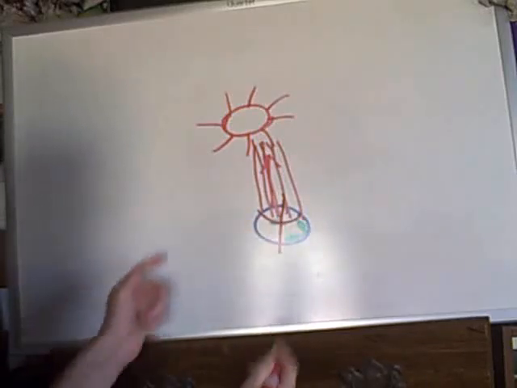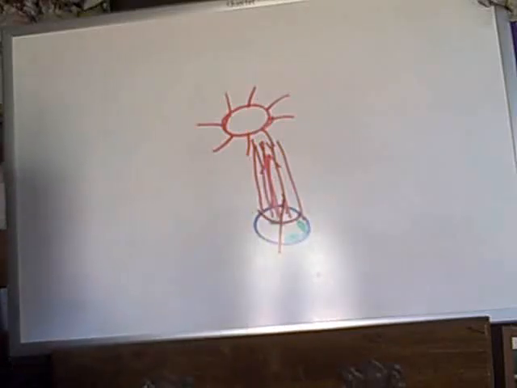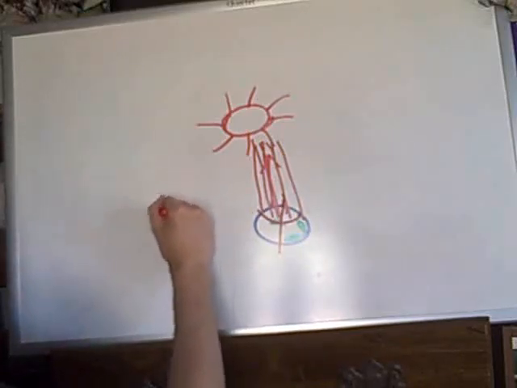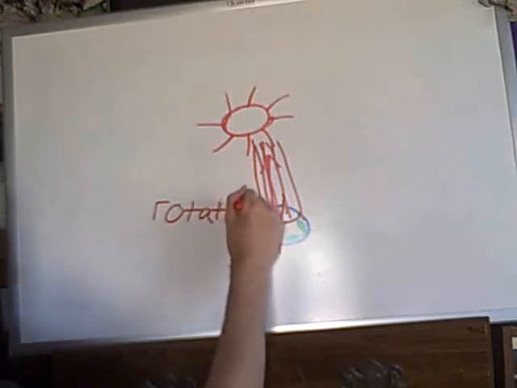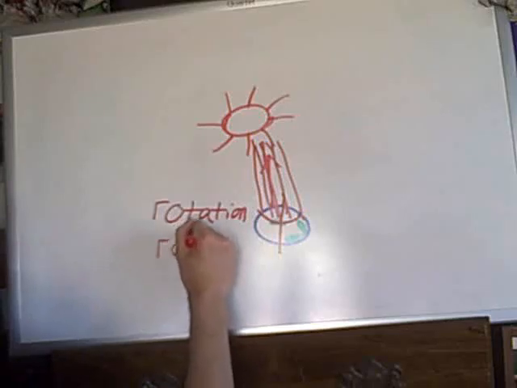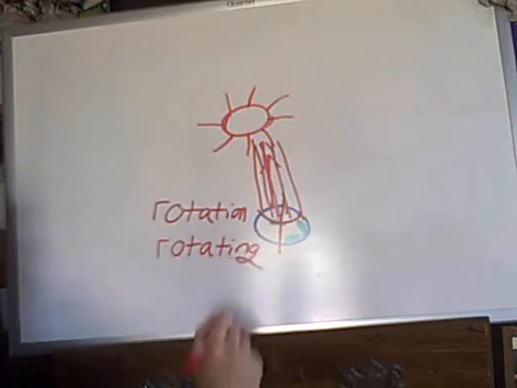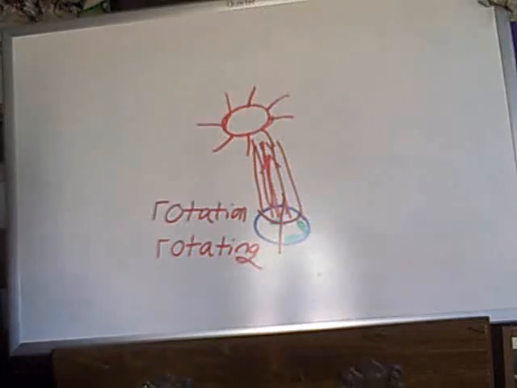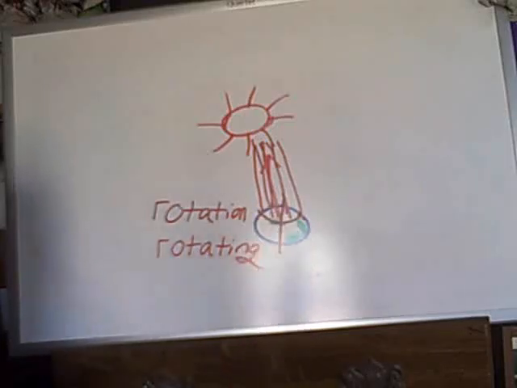And when it spins, just like a ball, this is called rotation. It is rotating. So when the earth spins, different areas get hit by the sun.